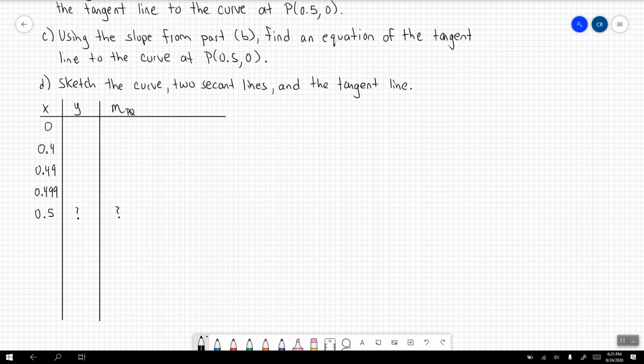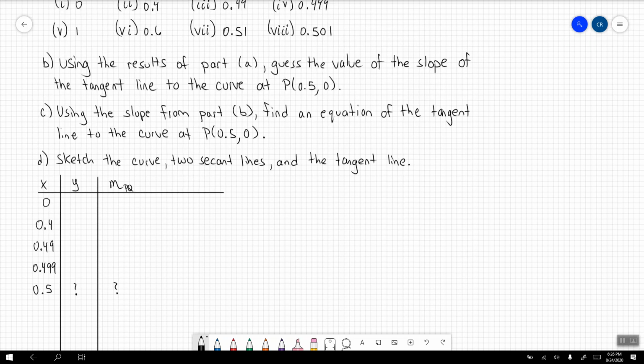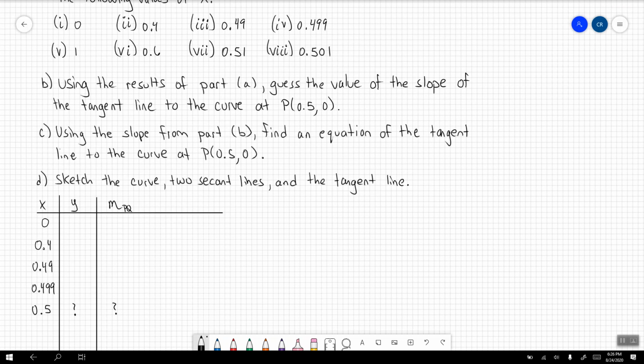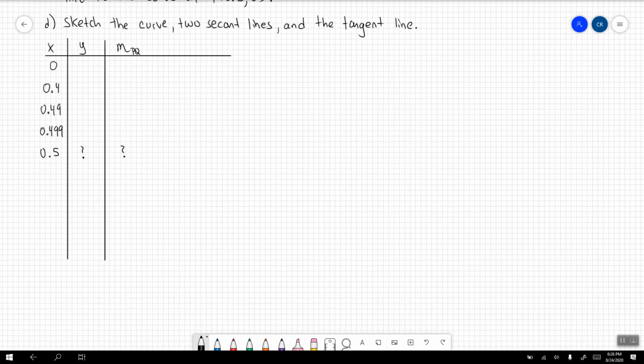And then the rest of the values that were given to us are these 0.501, 0.51, 0.6, and then 1. So I'm going to go ahead and keep writing those down in increasing order.